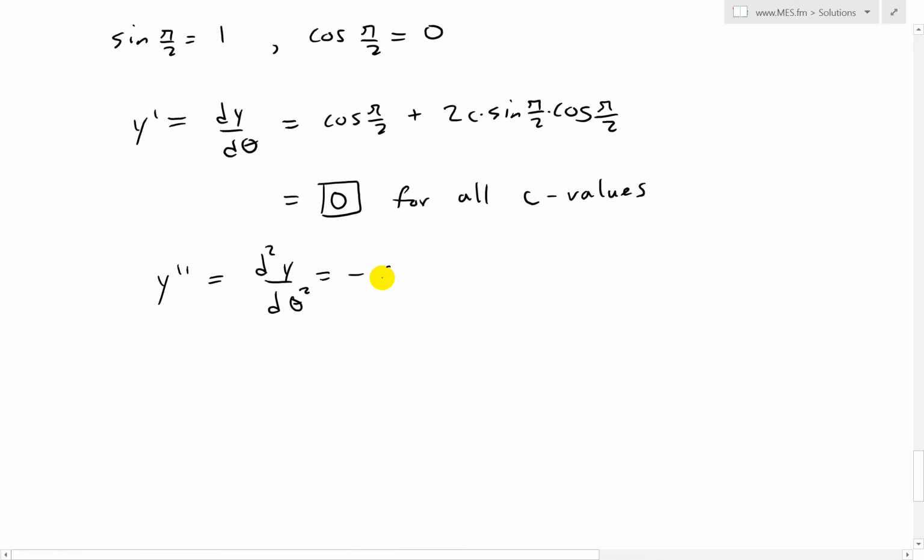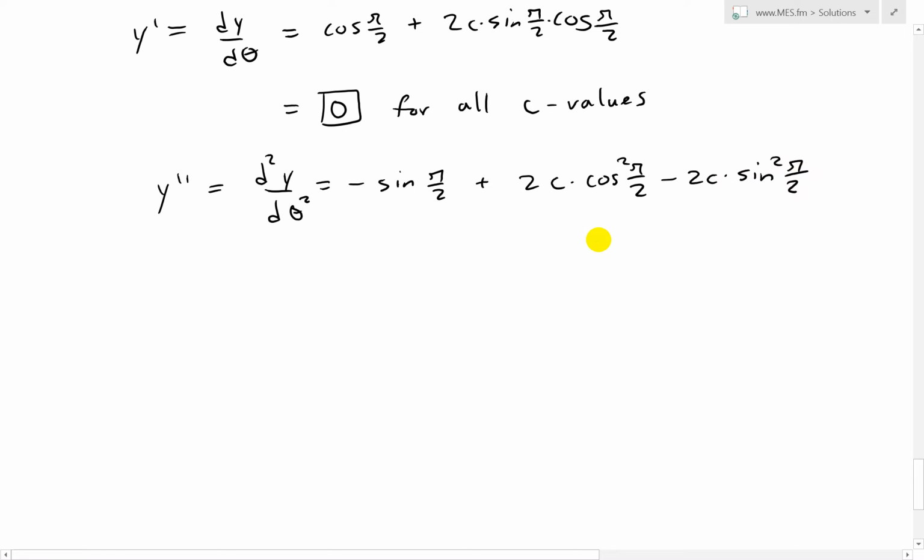We can just take the derivative of that. So negative sine pi over 2, then plus 2c times cosine squared pi over 2. We're just plugging those values in. And then minus 2c times sine squared pi over 2.